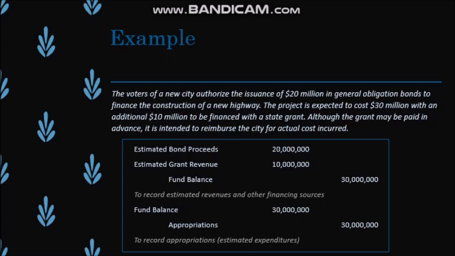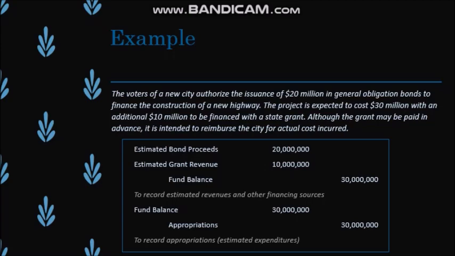So now that we know a little bit behind the capital projects fund, I want to go into an example of seeing this played out and looking more specifically at the journal entries. The problem is that the voters of a new city authorize the issuance of $20 million in general obligation bonds to finance the construction of a new highway.